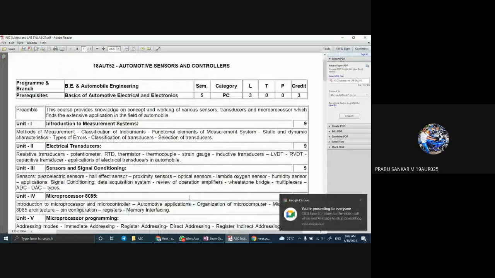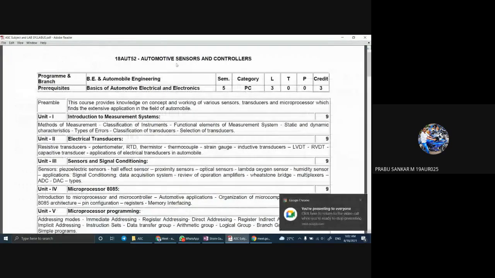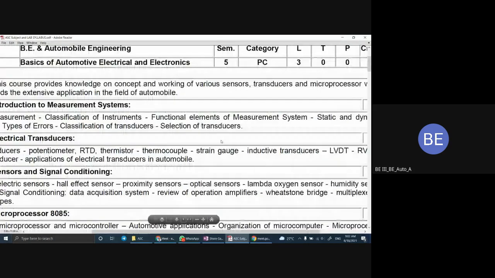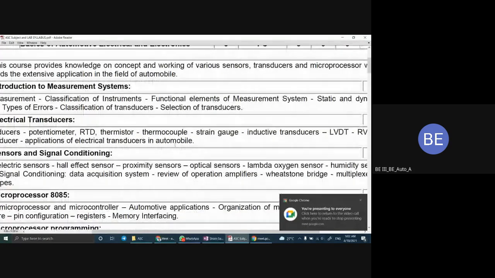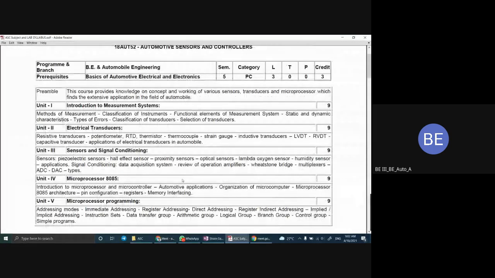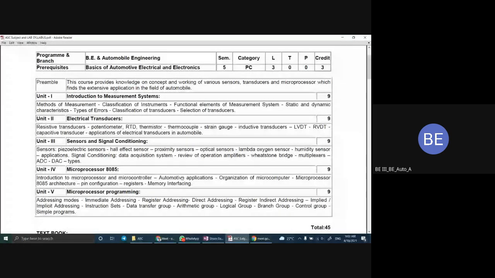Yes, sir. This is the first unit. Shall we keep it up to thermocouple or up to strain gauge? So nearly 1.5 unit will be completed.